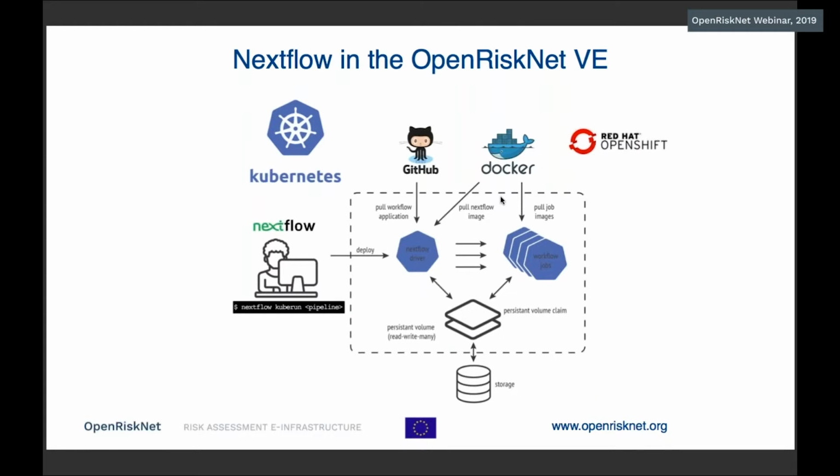So how do we get Nextflow to work on OpenRiskNet? As I said before, the core technology is based on OpenShift, which is really a container platform based on Kubernetes. To connect Nextflow into the reference infrastructure, we simply created a project, which in Kubernetes you'd call a namespace.